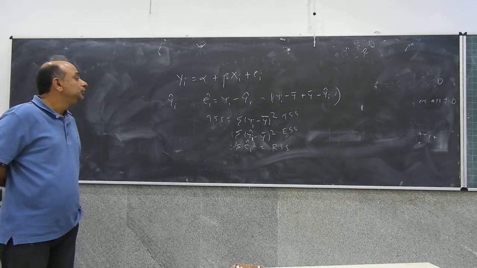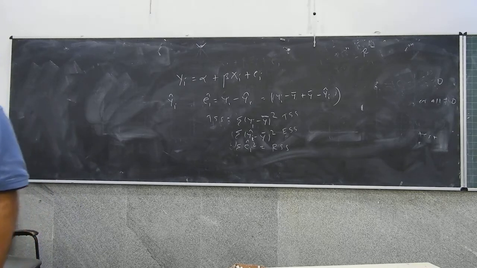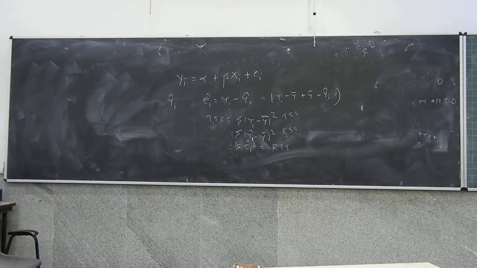So there are three parts involved here. The total sum of squares has two parts: the explained sum of squares and the residual sum of squares. The total variation in y, a part of it can be the explained variation in y, and a part of it will be the unexplained variation in y.